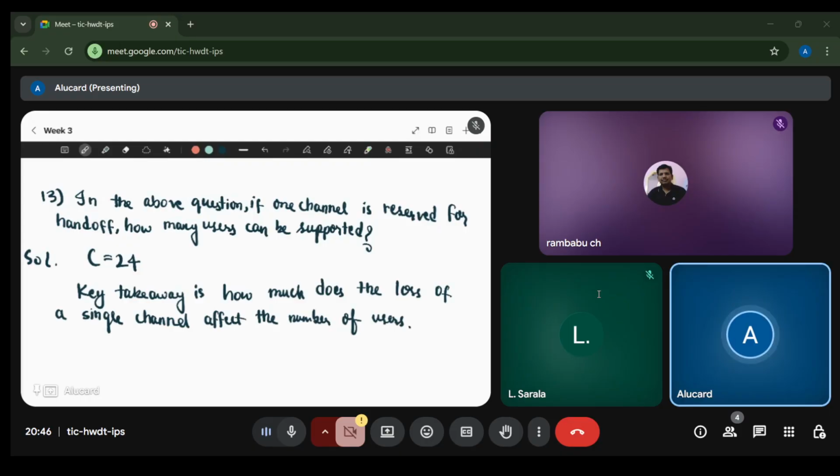You can do the same thing for different numbers of channels, calculate the number of users, and observe for each loss of one channel what the loss in the number of users is that you can serve. Obviously, if you have fewer channels, then the number of users you can support will also decrease. By how much it decreases, you can calculate for different values and find out.